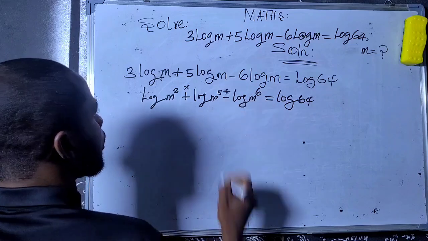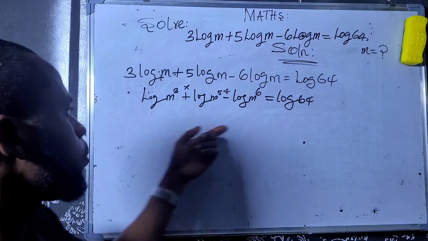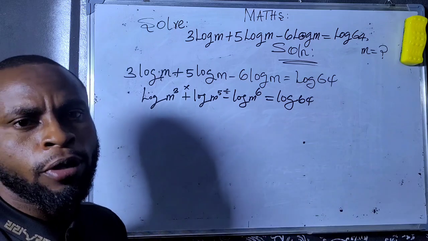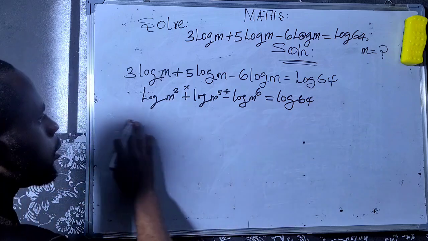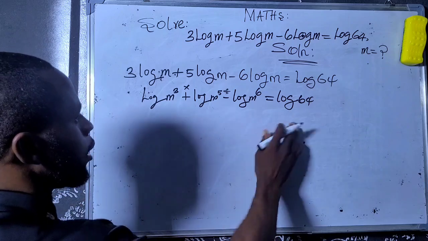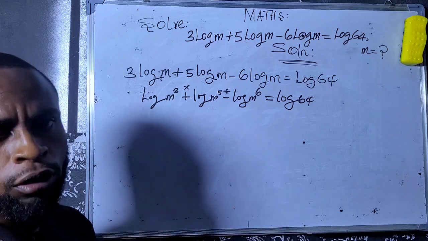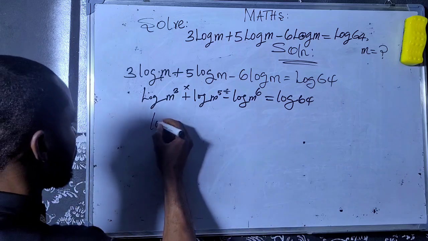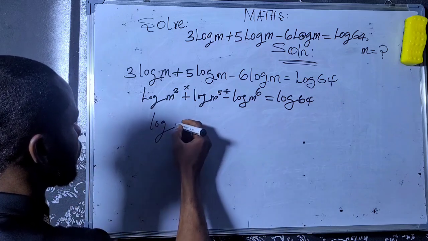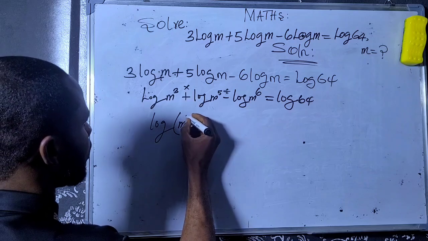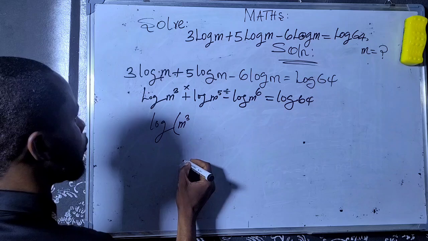But this expression needs to take a new format that will fit the said principle. Since these logs are expressed in the same base, you are going to take one of the logs. Then you're going to have log of m to the power of 3.